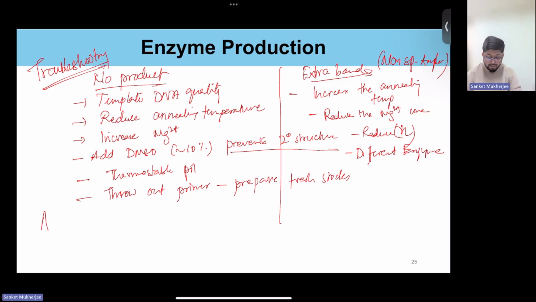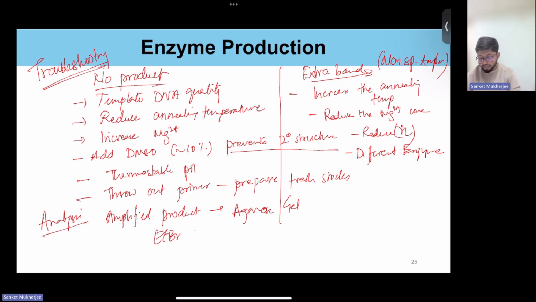For analysis, you load this amplified product onto an agarose gel. You go for EtBr staining, and then you visualize it in a UV transilluminator.